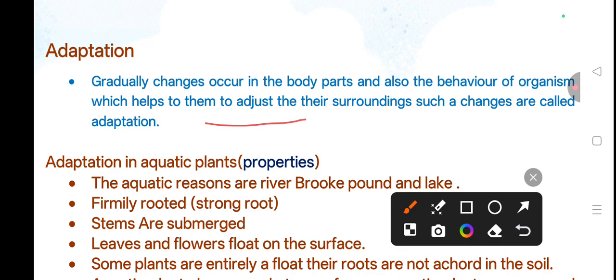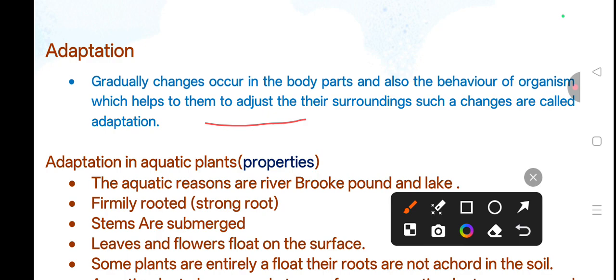Behavior of the organism also changes. Different organs are available in kids, hands and legs. Kids are not working at the time of birth, but they still grow many more times after two or three years, and with gradual growth the behavior of the organism also changes.